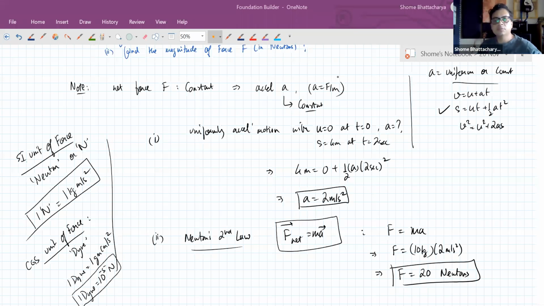Understood? The question said that it is observed that its displacement is 4 meters after 2 seconds. So on that basis we had to calculate what is the force. If that information was not given, then of course we cannot calculate. So this is part of the information given in the question. If this was not given, then we cannot calculate.